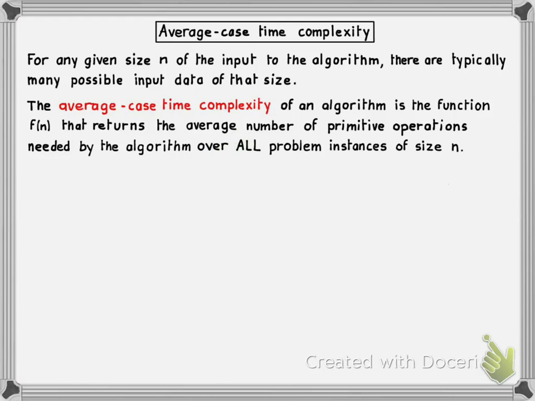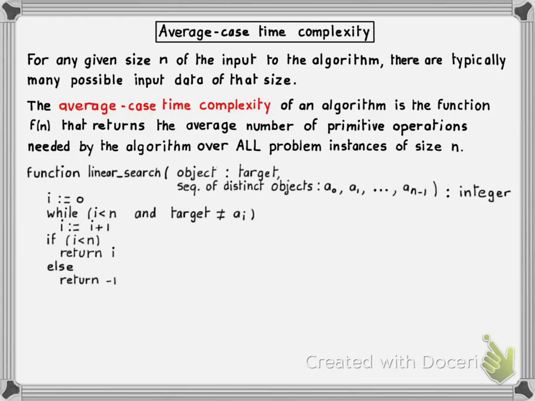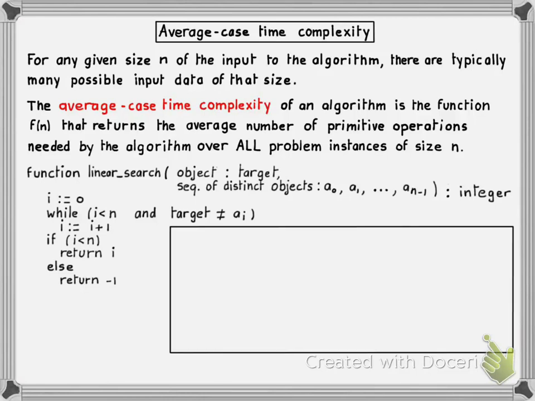So clearly this approach is going to require quite a bit more work than the previous two approaches, but let's illustrate it on a simple example. And again, I'm going to use the linear search algorithm. As always, the first step in time complexity analysis is to pick the type of primitive operations we're going to count.